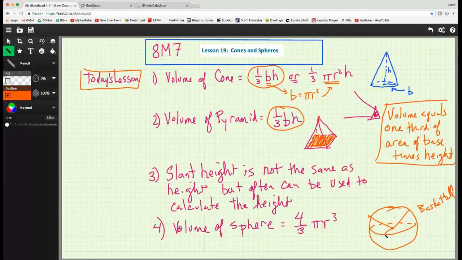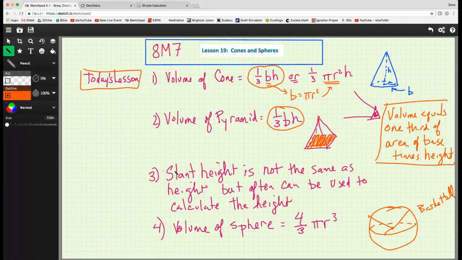It's just a perfectly round, three-dimensional circle, if you will. And it's 4/3 times pi times r cubed, the radius cubed. We'll get to a problem like that at the end. We've learned the volume of a sphere before, but we'll review it here in this lesson.